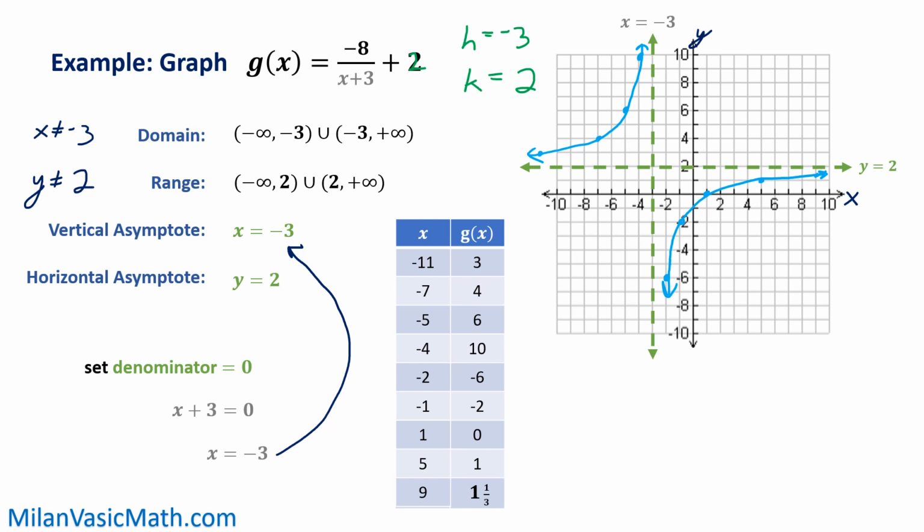And if we wanted to give the end behavior, it would be that as x approaches -infinity, g of x approaches 2, which you can see happening here. And as x approaches +infinity, the g of x value would also approach 2.